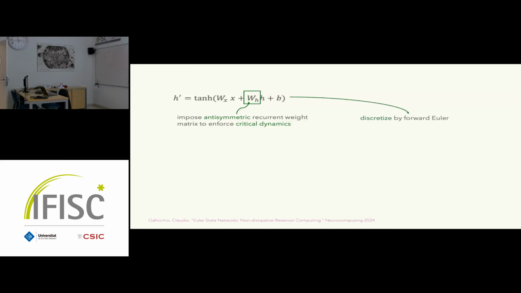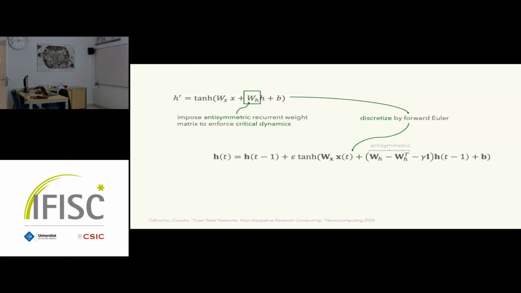Okay, after I have done this constraint, I discretize the system by the forward Euler method, and I obtain this nice equation for a layer of a recurrent neural network. So this can replace the equation of the reservoir, for example.